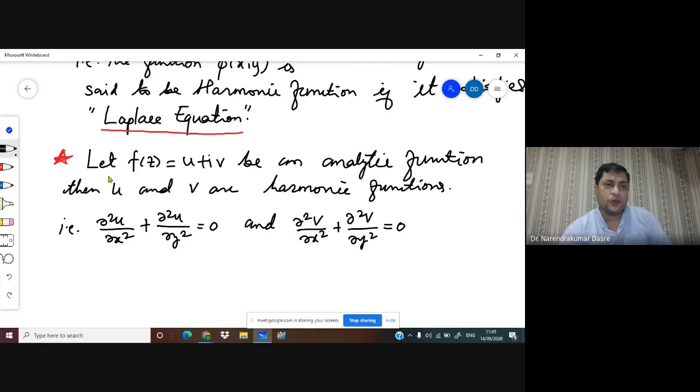So when f of z is an analytic function, u and v are harmonic functions, and hence they satisfy the Laplace equation. So u satisfies the Laplace equation, and v also satisfies the Laplace equation.